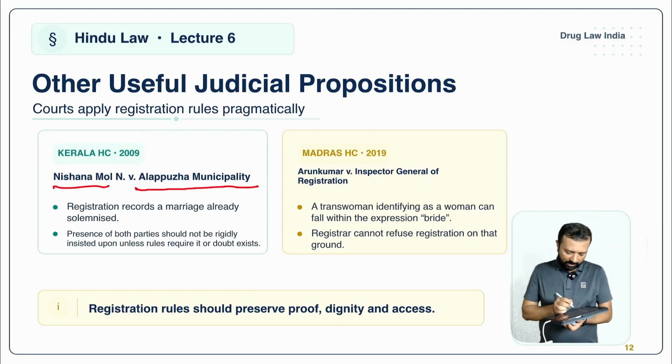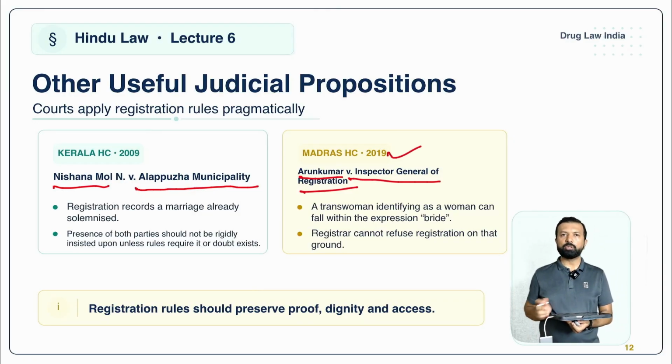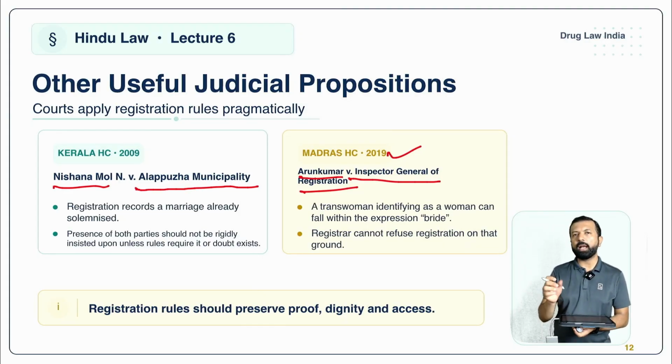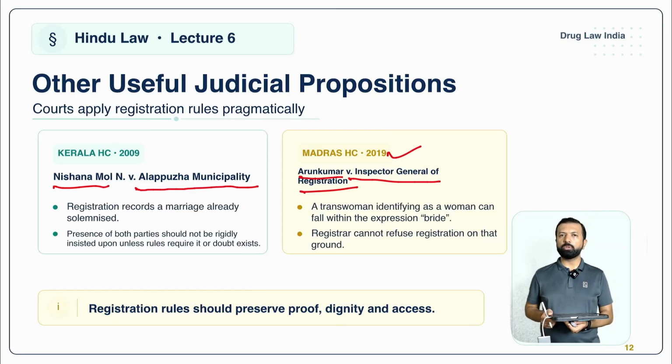The second case is that of Arunkumar versus Inspector General of Registration. This is a case from Madras High Court in 2019. In this case, a Hindu male and a trans woman had married according to Hindu rites and had sought registration. The registrar refused registration partly on the grounds that a trans woman cannot be treated as a bride. The court rejected that narrow view.